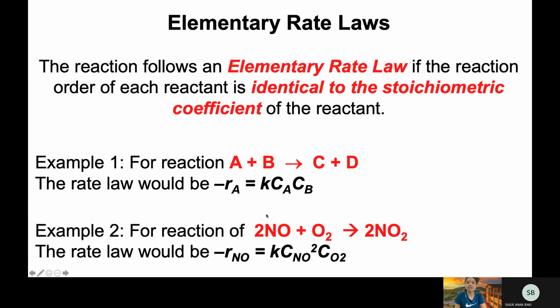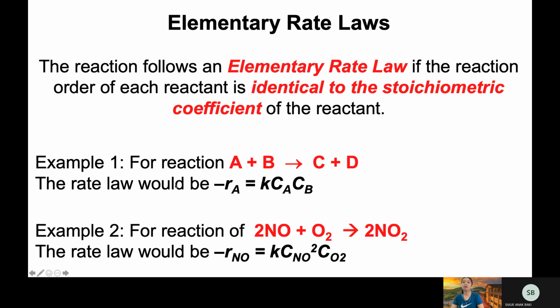Okay. So for example, case kedua, let's say you have the real reaction, it is 2NO reacting with O2 to produce 2NO2. Okay, so again, the rate law, kalau it's mentioned, this reaction follows elementary rate law, hence the rate law become minus RNO, nitrous oxide.